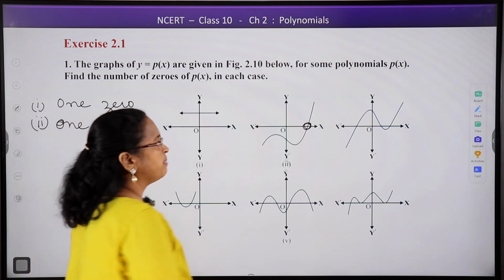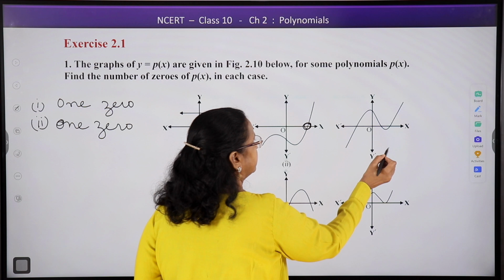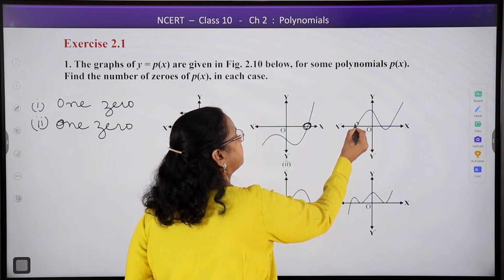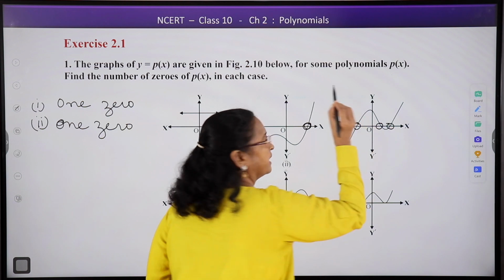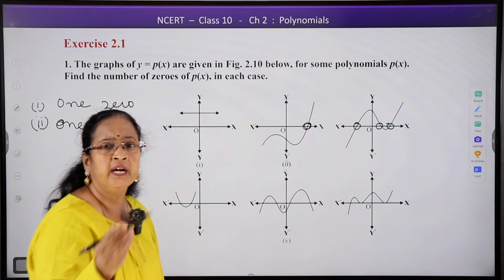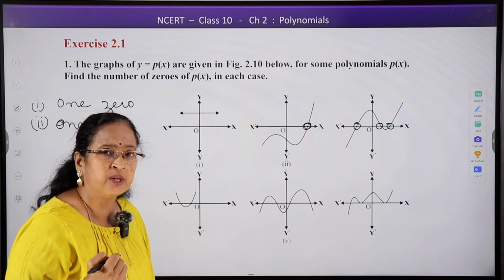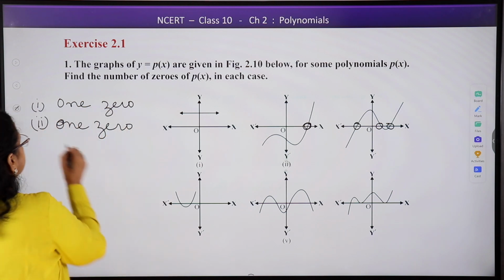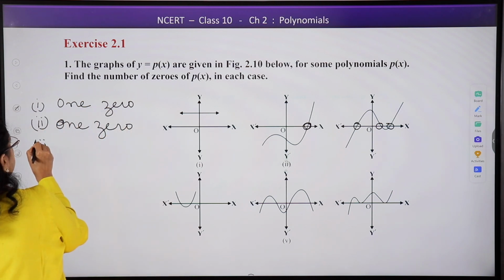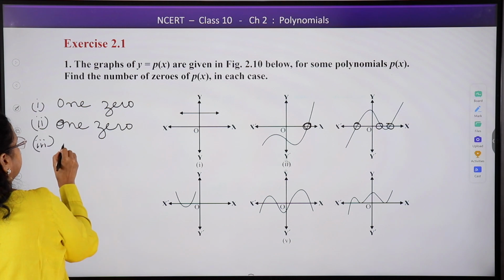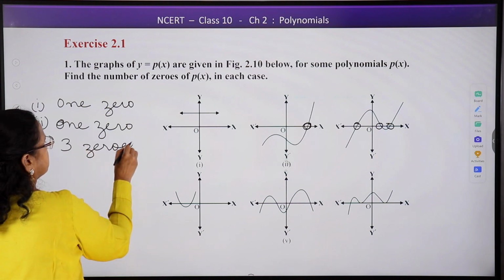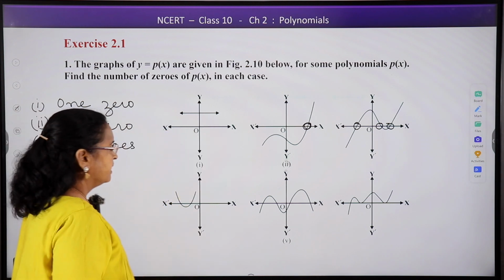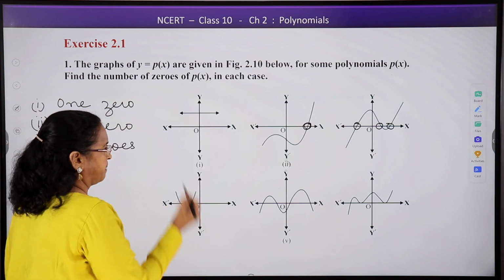Correct. Now coming to the third part. Now here the graph cuts at 1, 2, 3 points on the x-axis. So how many zeros? Correct. 3 zeros. Part 3 of the question has 3 zeros. Absolutely right. Coming to the fourth part.